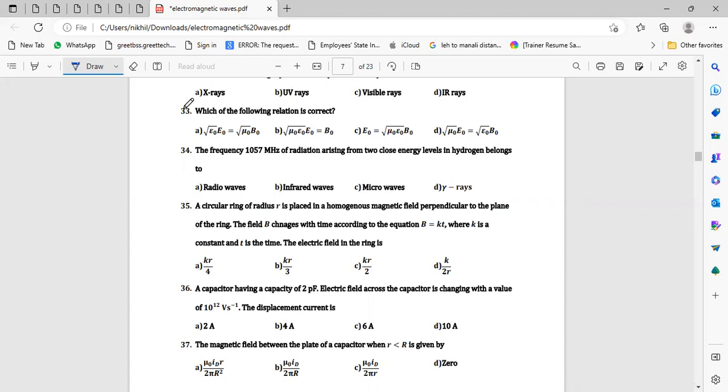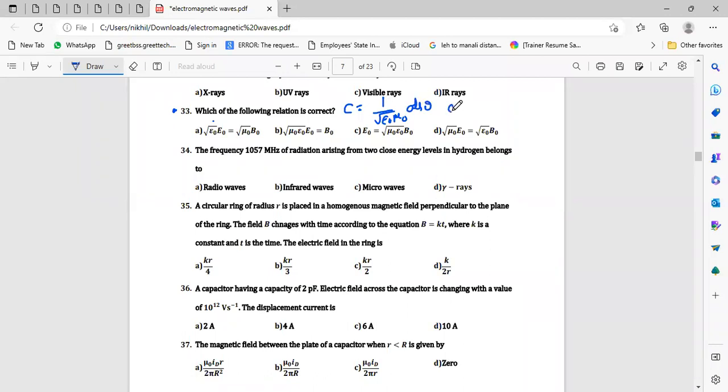Look at the 13th one. Which of the following relations is correct? You know that C is equal to 1 divided by root epsilon naught into mu naught. Correct, no? So speed of light C is equal to 1 divided by root epsilon naught into mu naught.